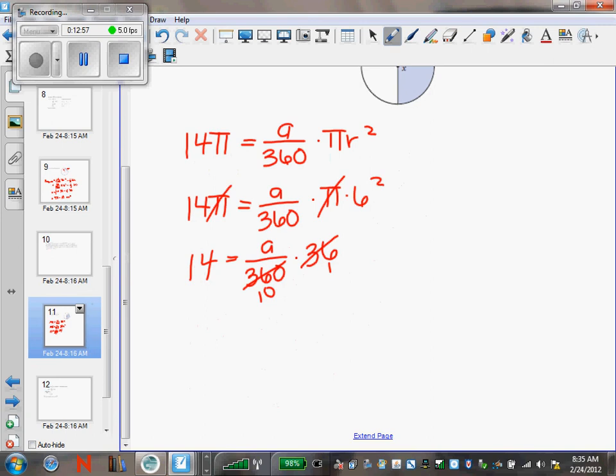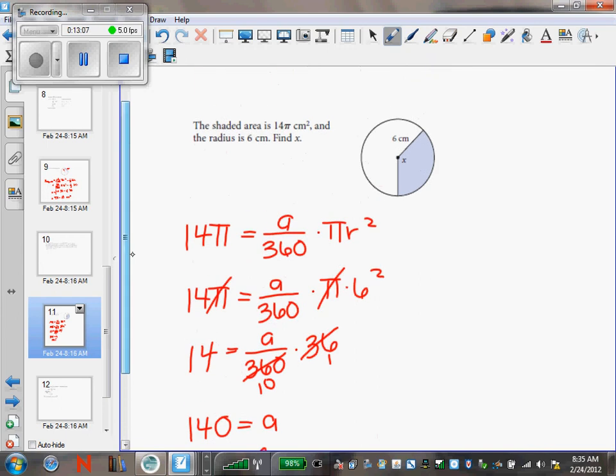So I get 140 is equal to A. This is degrees, so I'm going to say 140 degrees. So if I look back at my picture, if this arc is 140 degrees, that means X has to be 140 degrees because the central angle equals the measure of the intercepted arc.